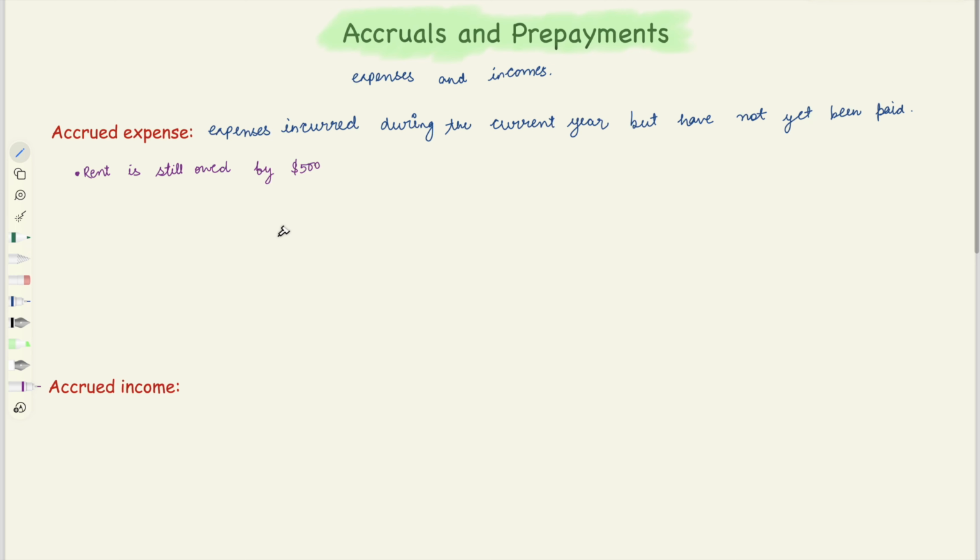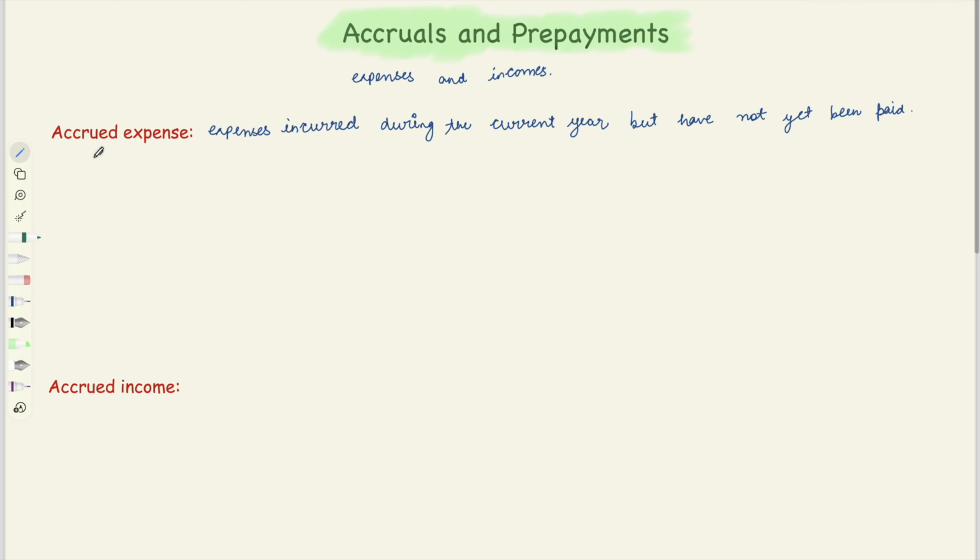Rent is accrued by $500. So what does it mean? It means that I have actually used the premises, but I have not made the payment for the rent yet. So again, you have taken the benefits, but you have not made the payment for it.